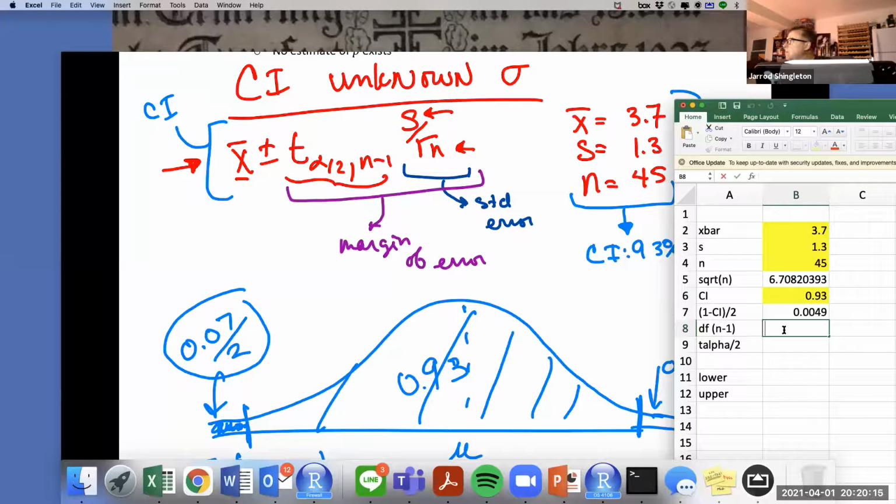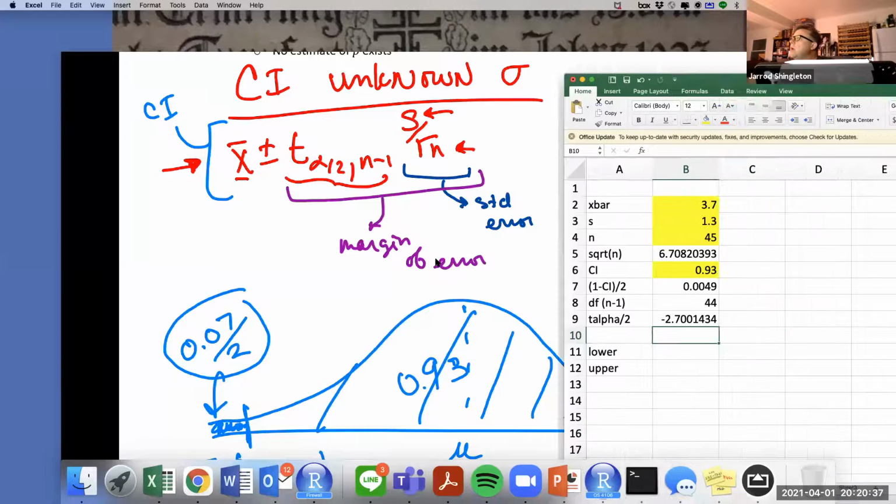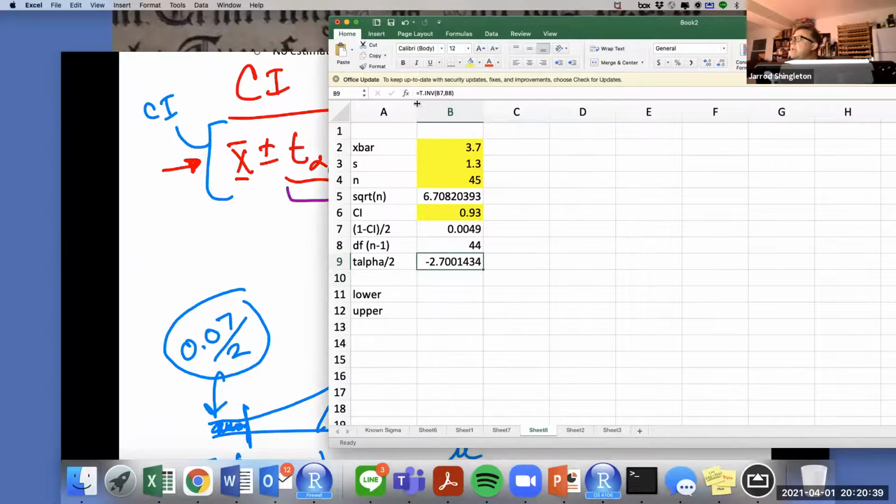This is just equal to this minus 1. Now I have everything I need to use T inverse. Equals T dot inverse with my probability and my degrees of freedom. You'll notice that this number is negative.